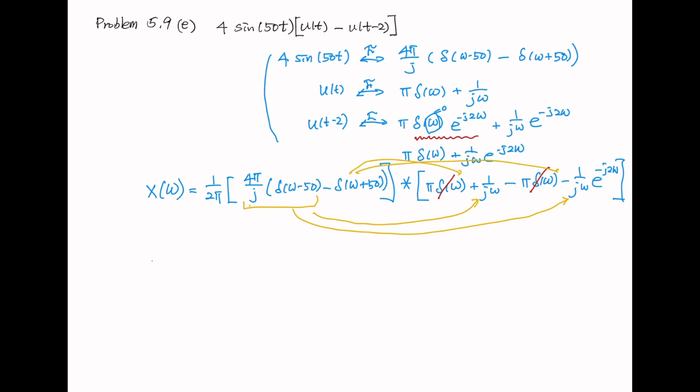Then this equals 4 pi over 2 pi, that will give us 2, so 2 over j.